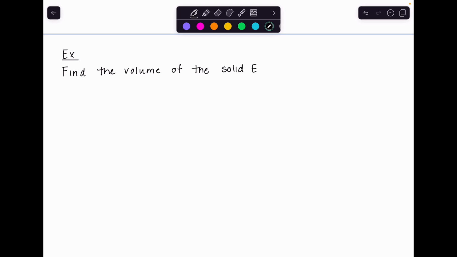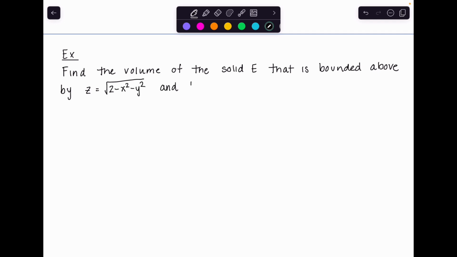E, that is bounded above by z equals the square root of 2 minus x squared minus y squared.